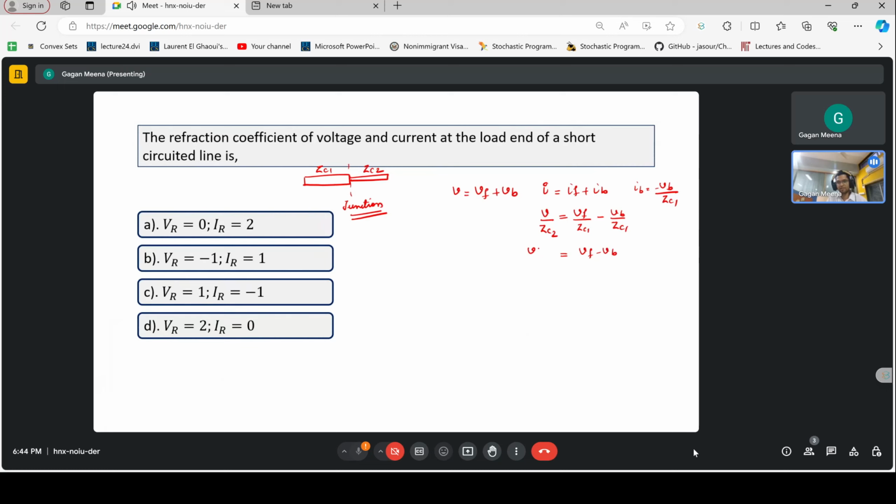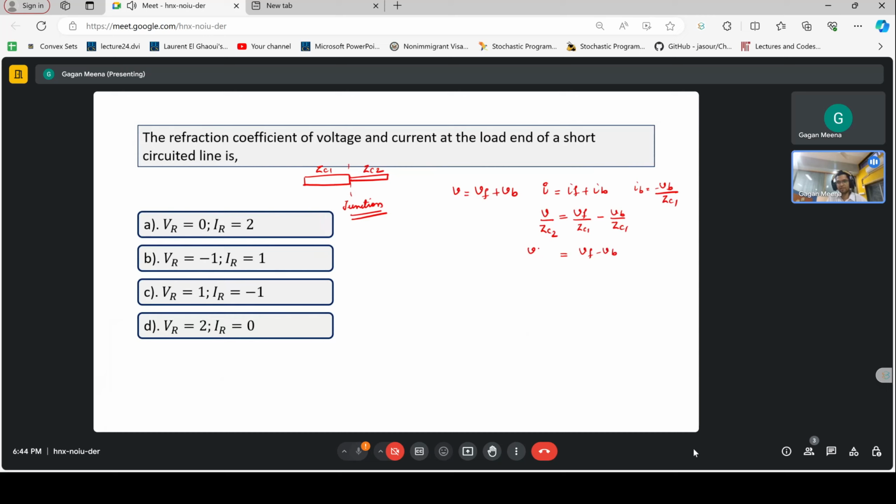Now if you want to find the current transmission coefficient, it will be I divided by I forward. This is V by ZC2 over V forward by ZC1, which is ZC1 divided by ZC2 into tau V. So this will be 2ZC1 divided by ZC1 plus ZC2. So this was the transmission coefficient.